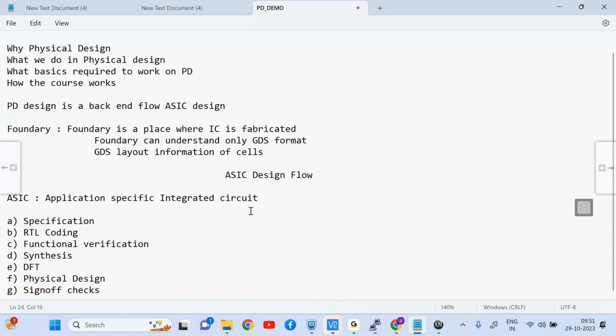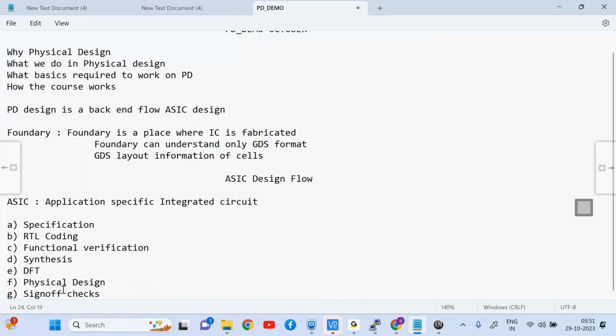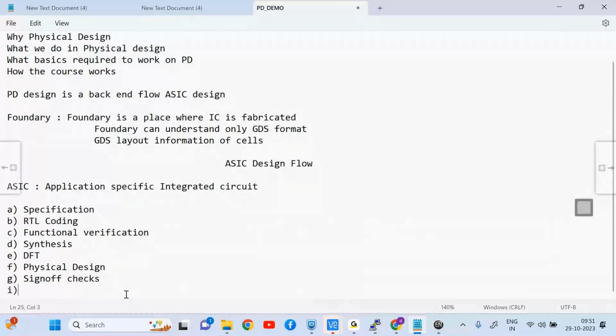So these are the steps for ASIC design flow. After sign off checks, generate the GDS file and send the file to foundry.